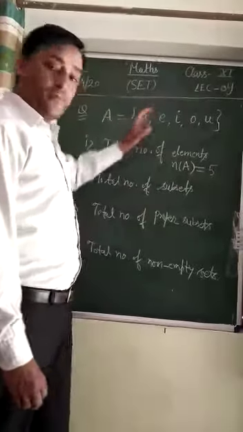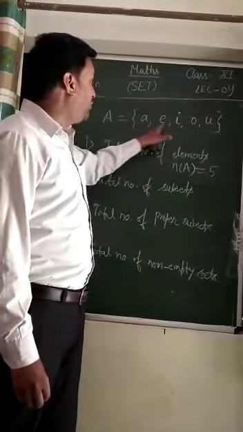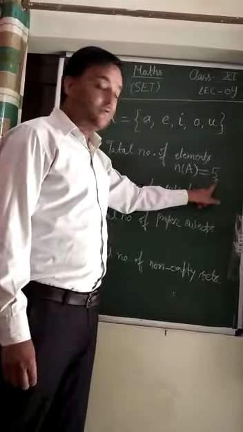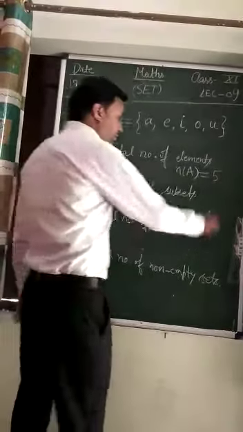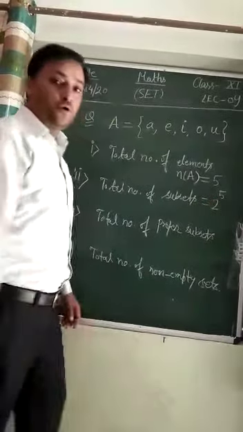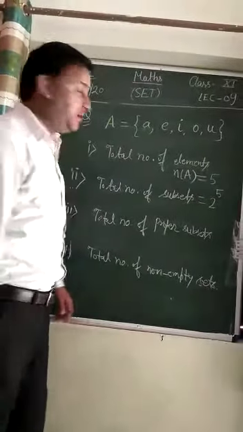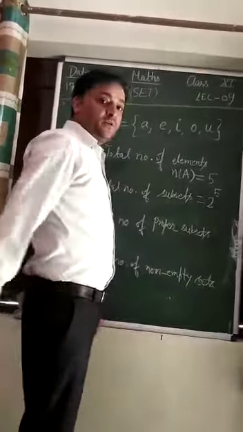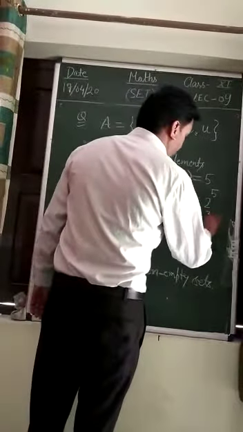So how many elements? 1, 2, 3, 4, 5. You find 5 elements. So the total number of subsets is 2 to the power of 5. You replace n with 5 in the given formula.